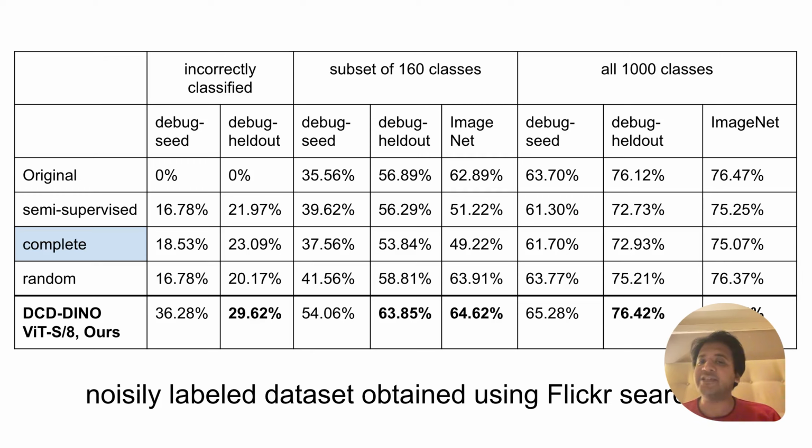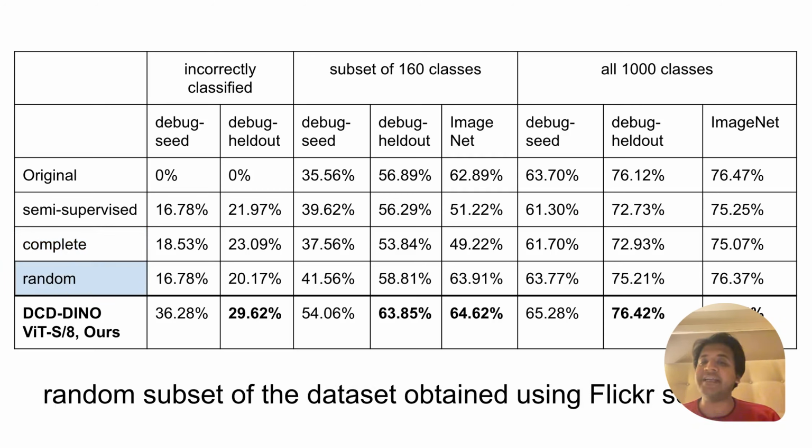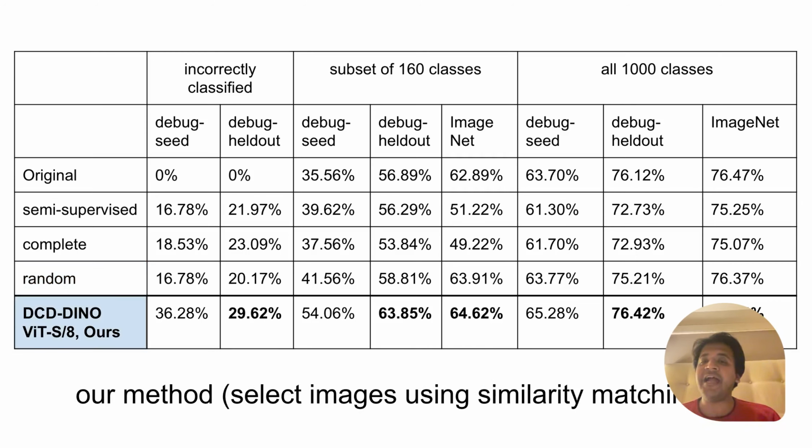adding the complete noisily labeled dataset obtained using Flickr search, and adding a random subset of the noisily labeled dataset again obtained using the same Flickr search. And our method here, DCD DINO ViT-S8, denotes similarity matching using the DINO ViT-S8 model.